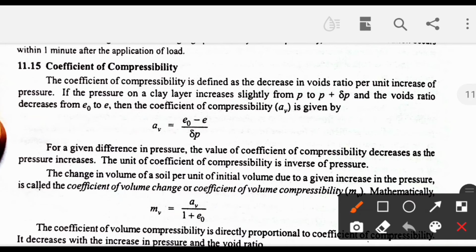If the pressure on a clay layer increases slightly from P to P plus ΔP and the voids ratio decreases from e0 to e, then the coefficient of compressibility av is given by av equal to (e0 minus e) by ΔP.